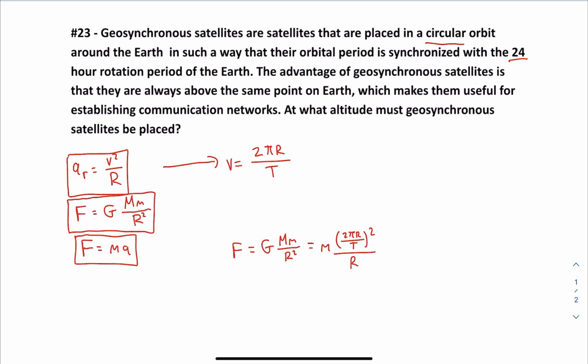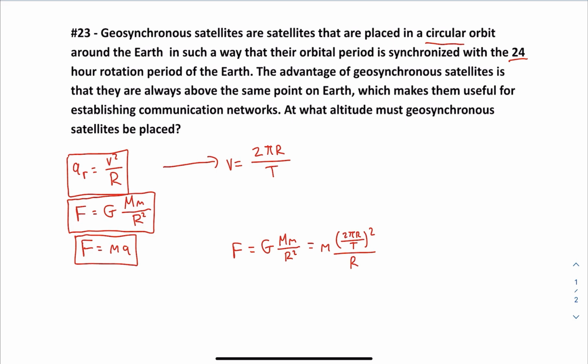Next, let's think about how we can use Newton's second law in conjunction with our first equation in order to set it equal to our gravitational force equation. So we have an acceleration in that first equation, and we know that Newton's second law tells us that force is equal to mass times acceleration.